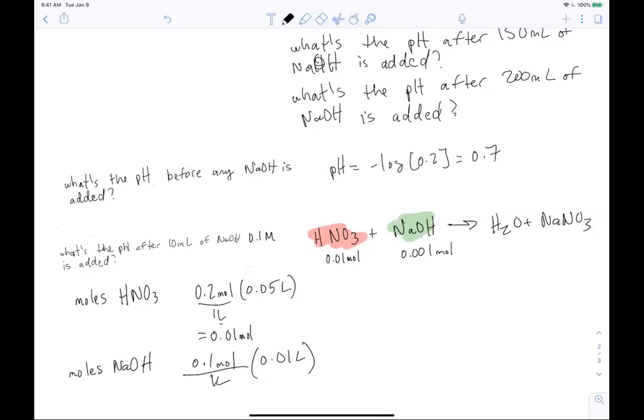How much are we going to end up with? At the end of the reaction, we're going to have 0.009 moles of that, and we're going to have 0 moles of sodium hydroxide. So this is at the start, this is the finish. That's just based on the stoichiometry.